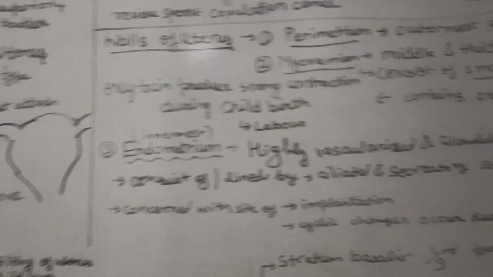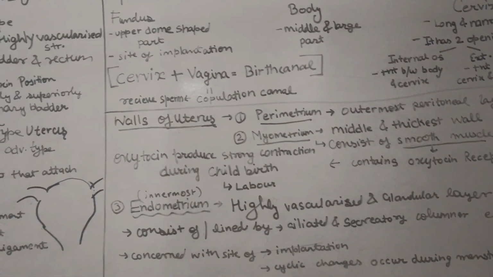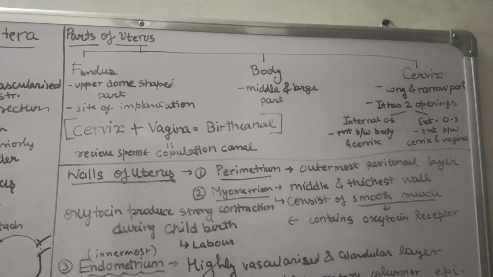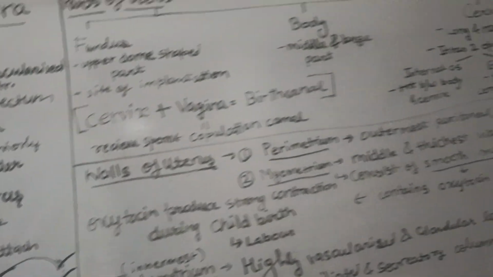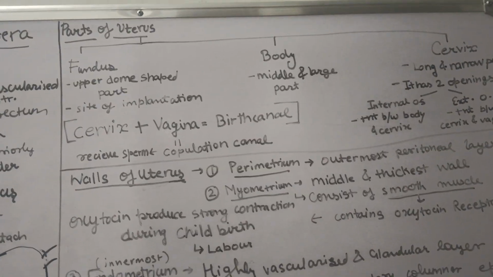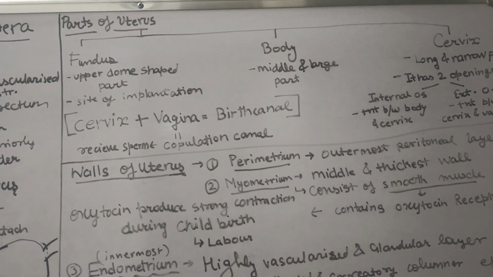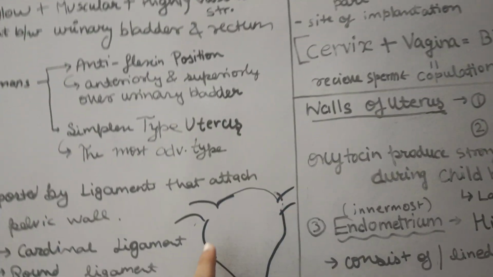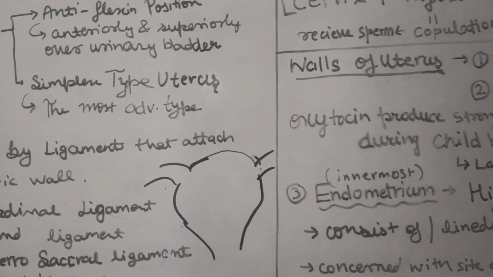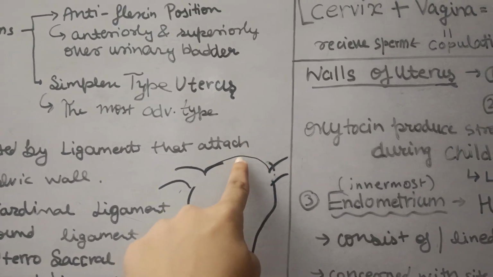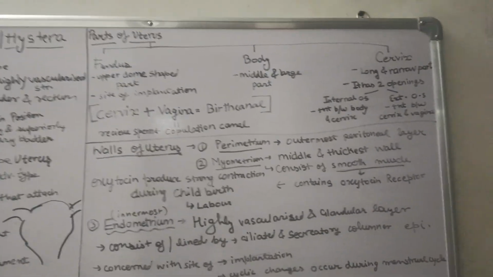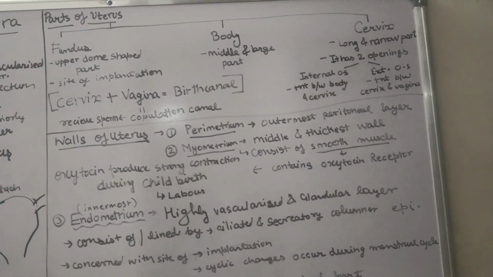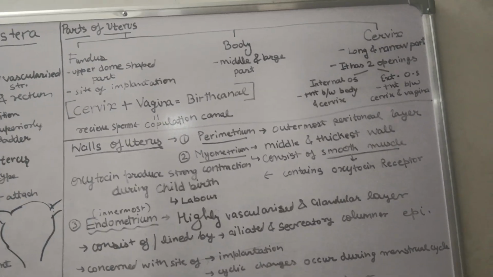You can see the dome shape in many temples. Just like that, this part of the uterus is the topmost part, which is known as the fundus. So it's the upper dome-shaped part. It is the actual site of implantation. You know what we think, that implantation happens here, but it is not like that. Implantation actually takes place here. So it is the fundus. It is the site of implantation and it is the upper, dome-shaped part.